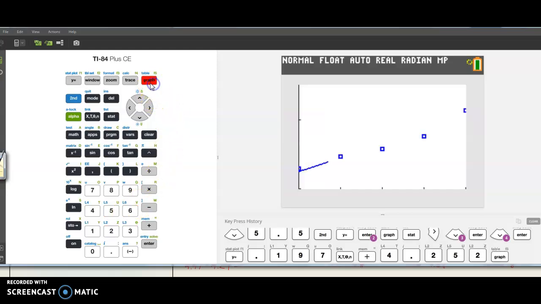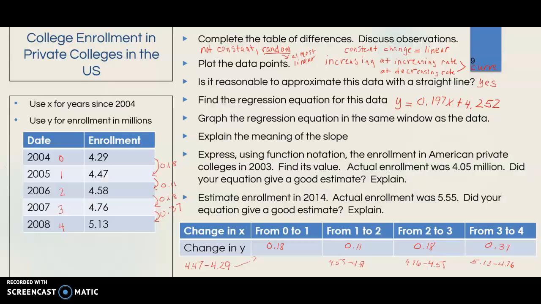And we are ready to set up our window so we can graph, and we see that picture where the line is a great approximation to these actual values. Looking at this, it says explain the meaning of slope. So right here, the slope of 0.197 would mean that enrollment increases on average by 0.197 million per year.